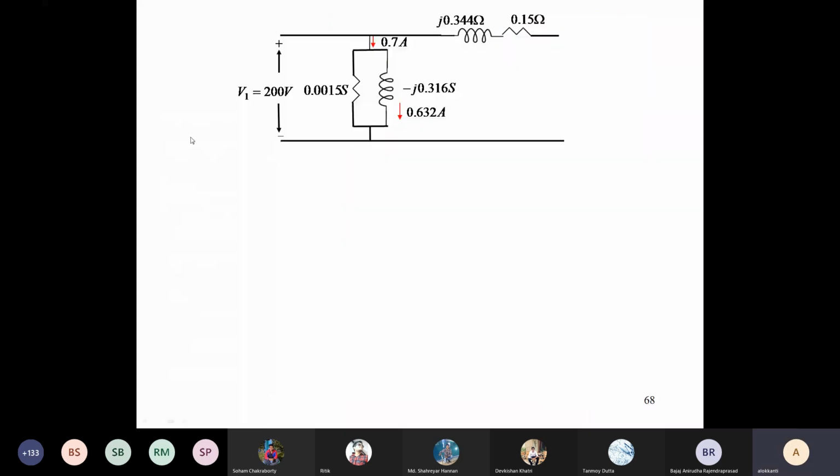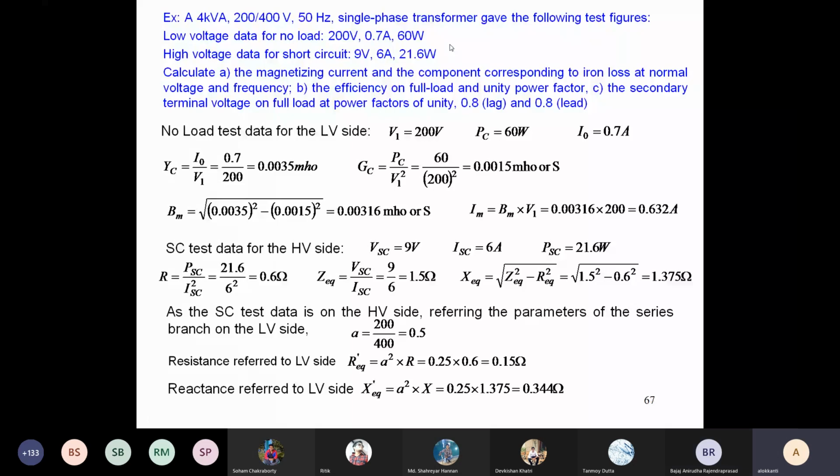On the left side is 200 volts. Then you have this parallel branch, which is exactly the same as found from the open circuit test, but these are the parameters now referred to the low voltage side, which we just found out. These are the resistance and reactances found by referring to the low voltage side.